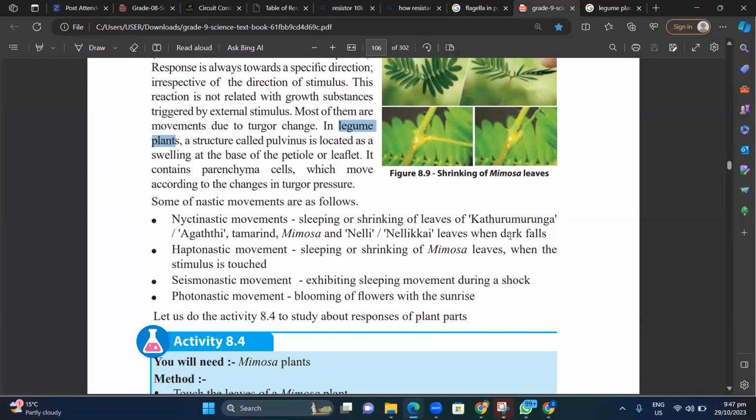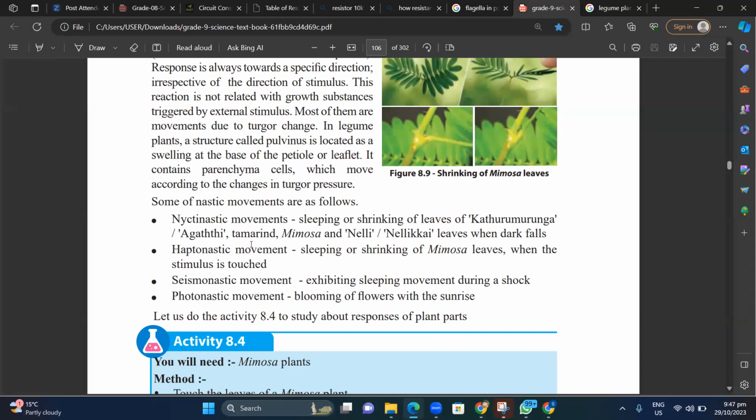Katurumurunga or tamarind, in a dark situation, shows this movement. It's not towards light, it's not positive or negative, it's a nastic movement.